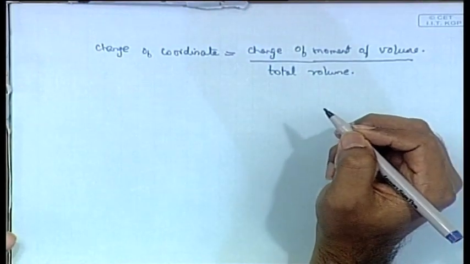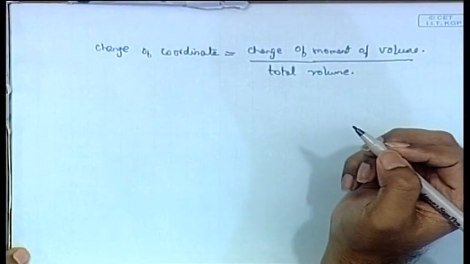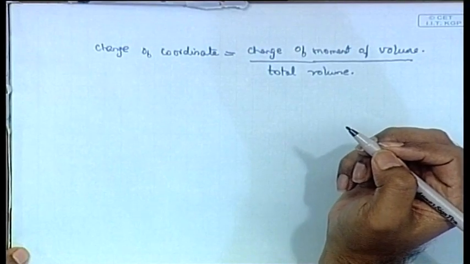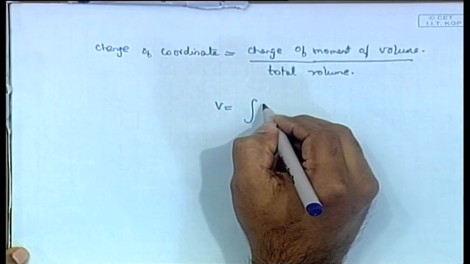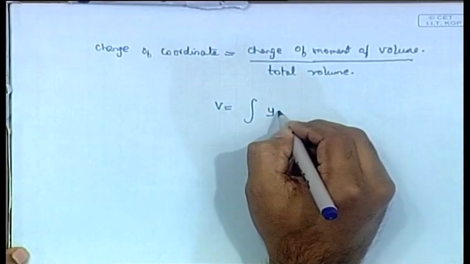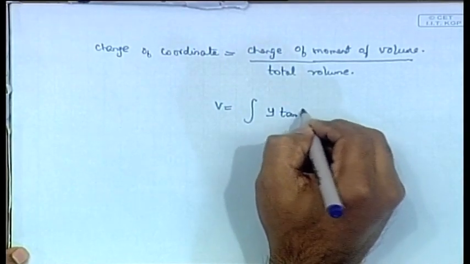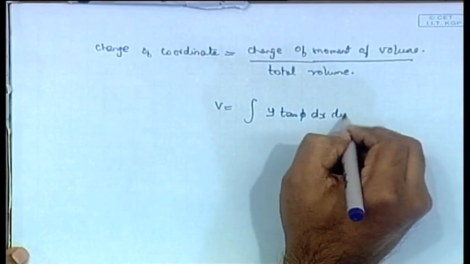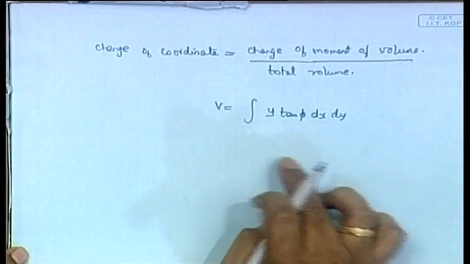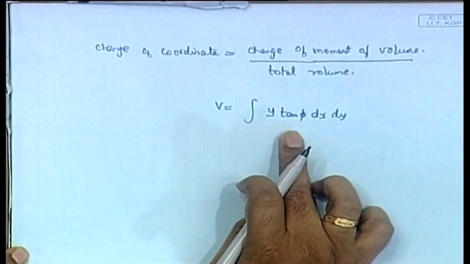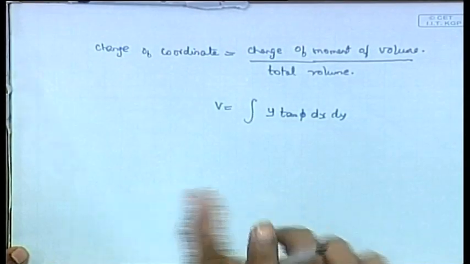Now, the volume itself we have seen is given by the integral of y tan phi dx dy, since y tan phi represents z, so it is the integral of z dx dy. So, y tan phi represents z.